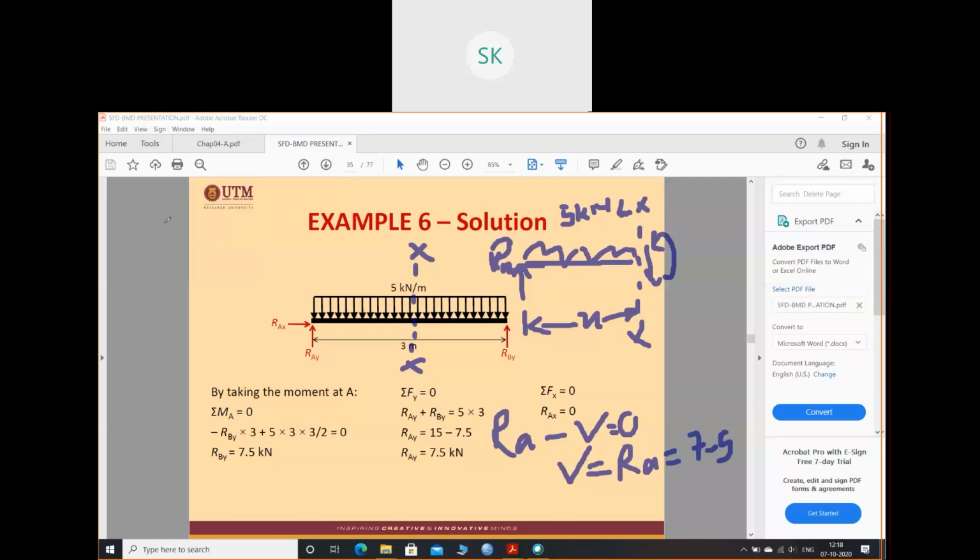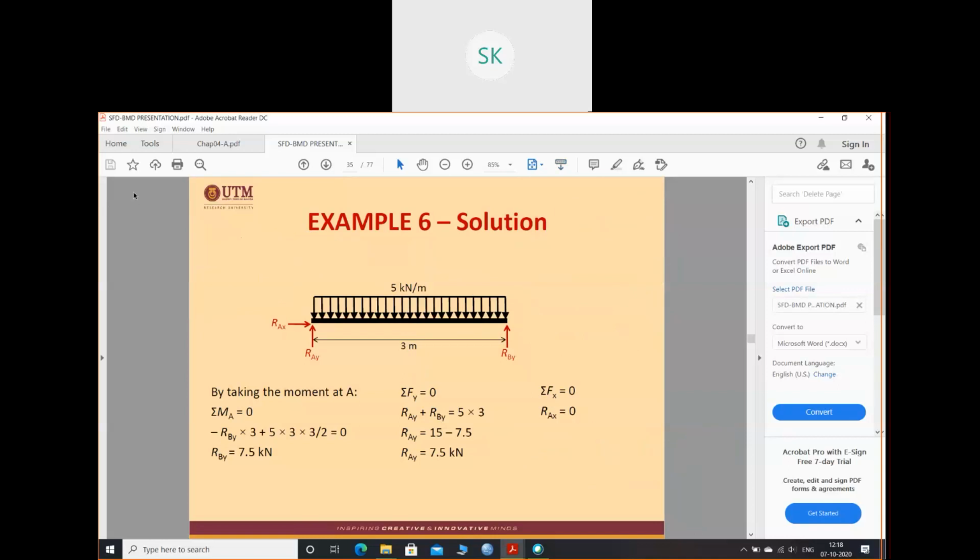So it will be RA into x, clockwise, and minus this M equals 0. Okay, I did some mistake.